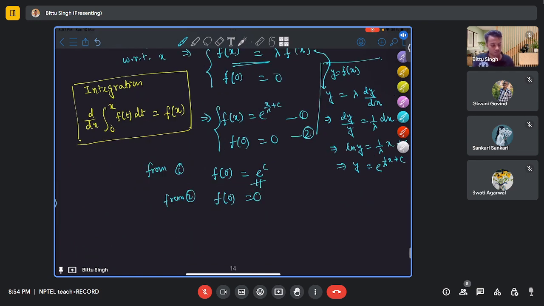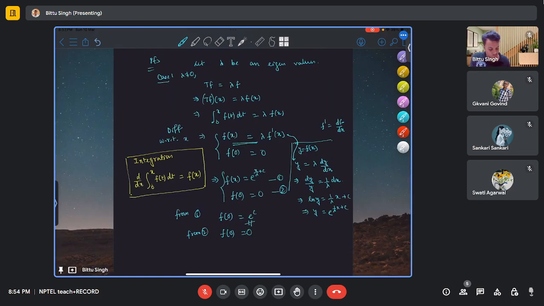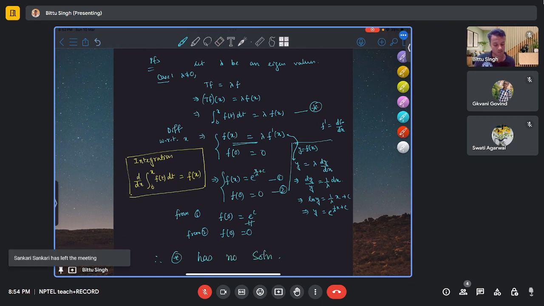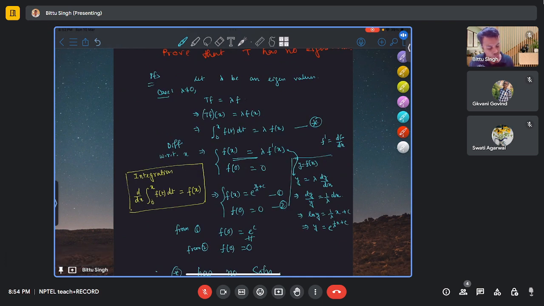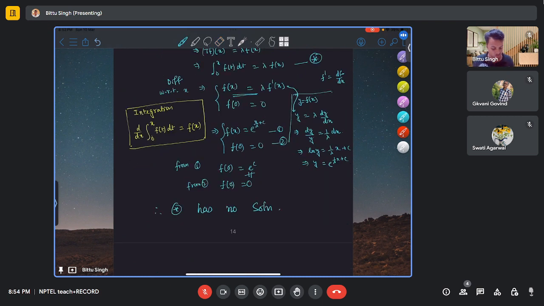So this implies that this star has no solution. That is, star is equivalent to this double star. This star will automatically imply this double star has no solution.